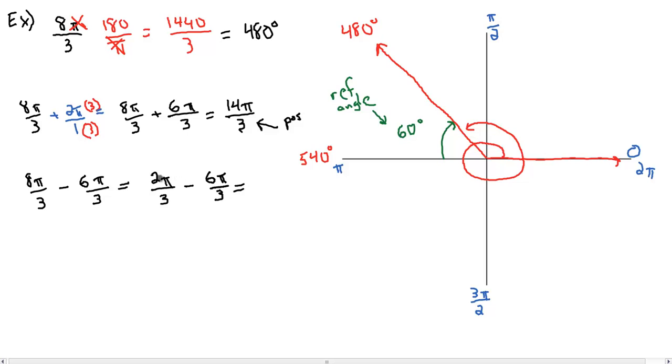And that's going to give us 2 minus 6 is negative 4 pi over 3. And that's going to be our negative coterminal angle. So we had 14 pi over 3 up here, and this one's negative 4 pi over 3. Two coterminal angles to our original 8 pi over 3.